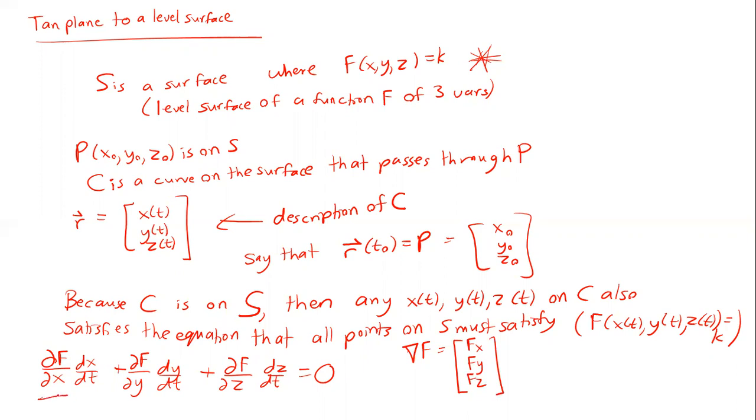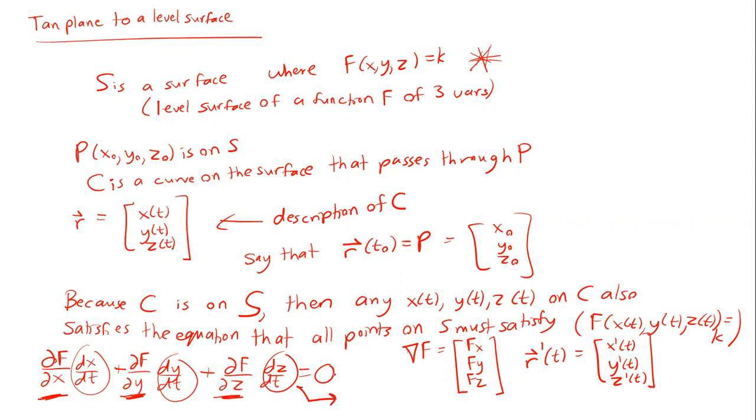And then these other parts are all the derivatives of the components of R. Like we said earlier, when you have a vector function, the derivative of the vector function is the derivatives of its components. This would say R prime of t is equal to x prime of t, y prime of t, and z prime of t. And so what this would mean is that I can rewrite this expression as del f dot R prime of t equals 0.